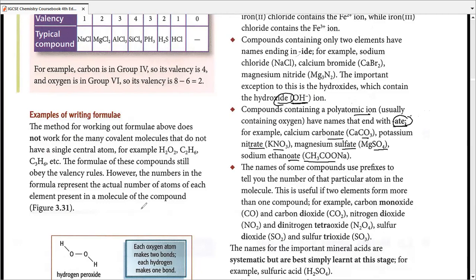This differentiation is done so that as soon as you read the name, you will know whether it consists of a polyatomic ion or a simple ion. If it's IDE, that's a simple ion. If it's ATE, it's a polyatomic ion. As easy as that. Make sense?